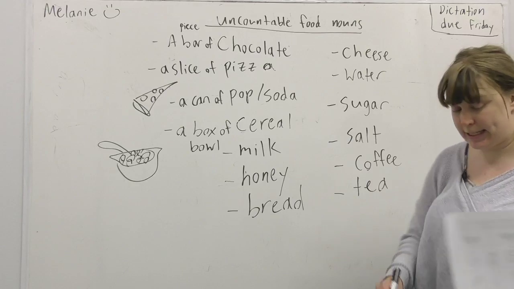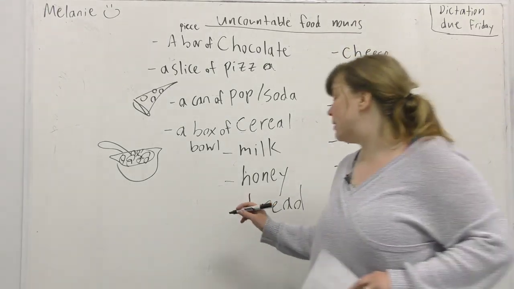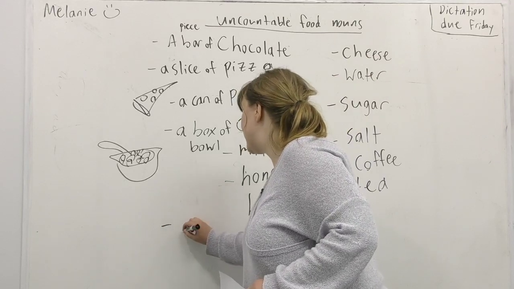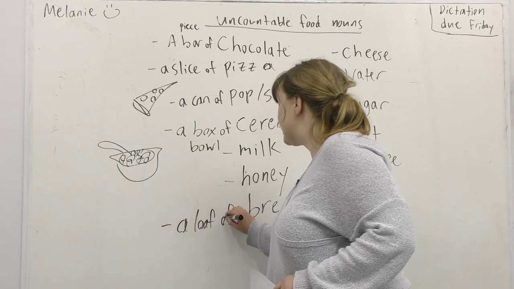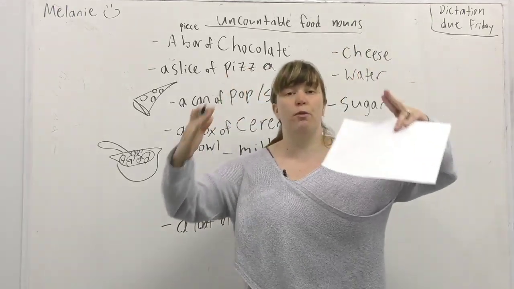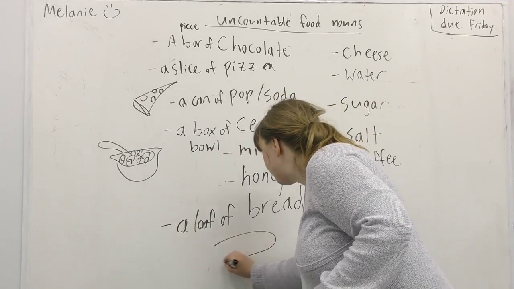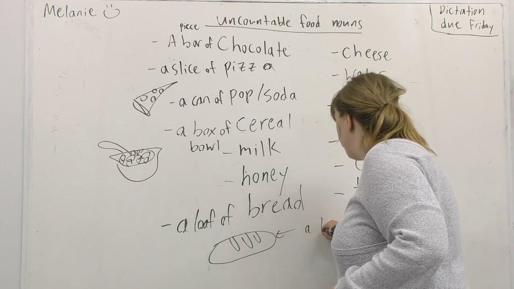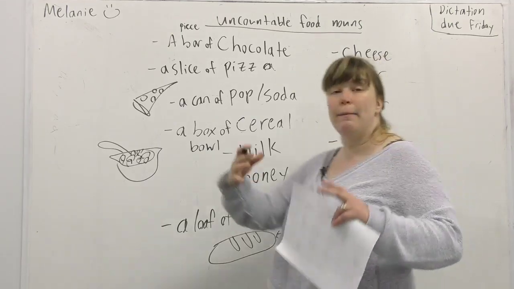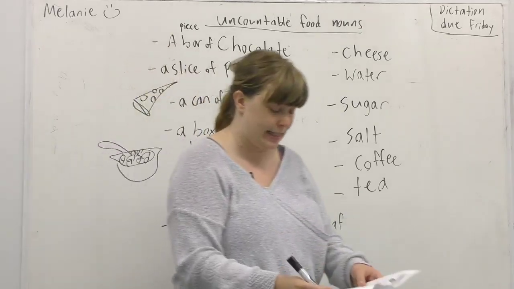And let's see, finally, this one, there's different ways to say it. You could say a loaf of bread. So what is a loaf? A loaf tends to refer to like a large hunk. So for example, this is a loaf. So it's one big piece that's meant to be cut into smaller pieces.